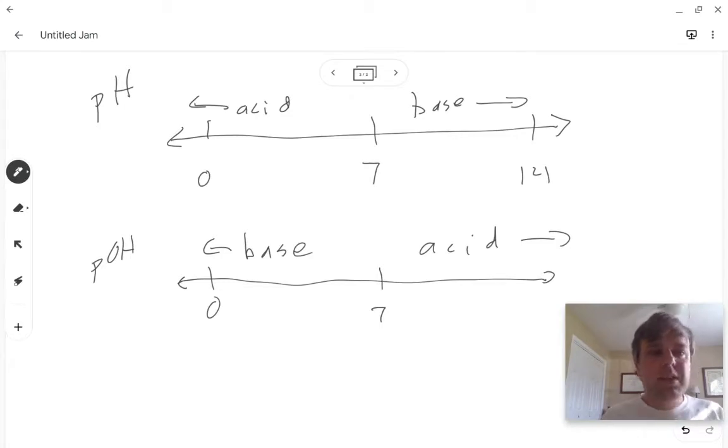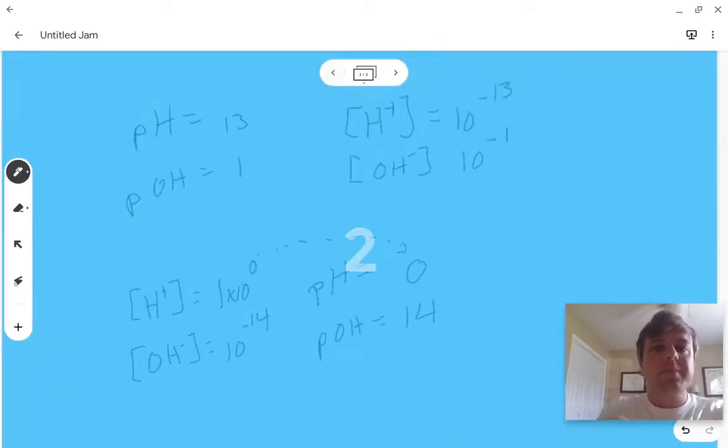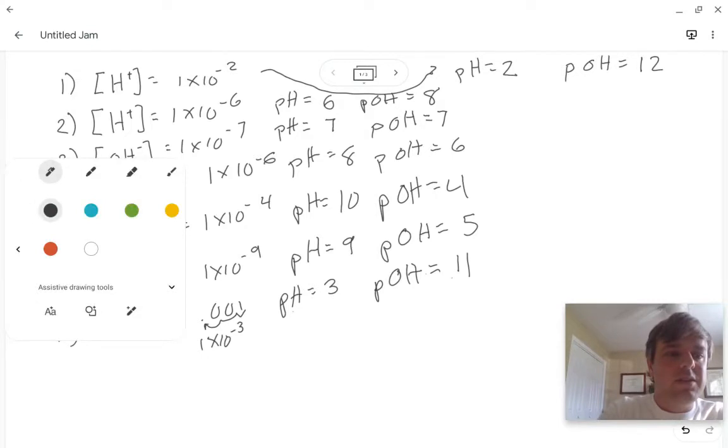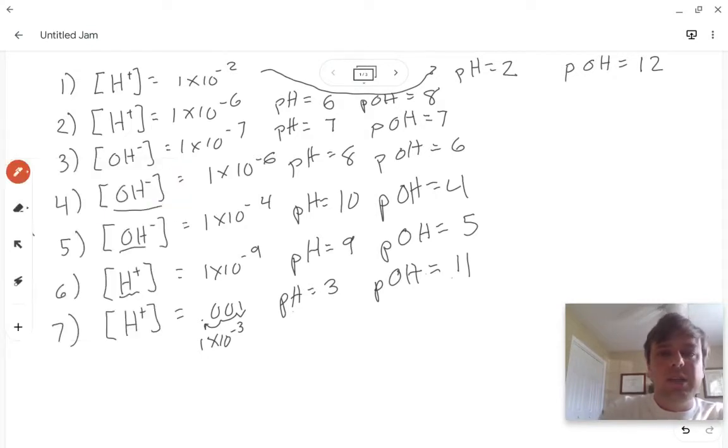So if we go back to this first set of problems, for number 1, I just want to classify some of these. For number 1, with a pH of 2, that's an acid. Number 2, with a pH of 6, it's less than 7. It's also an acid. For number 3, our pH and pOH are 7.